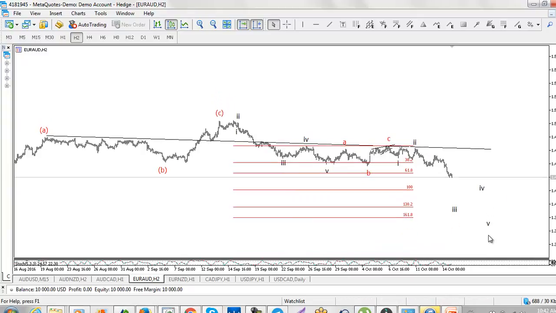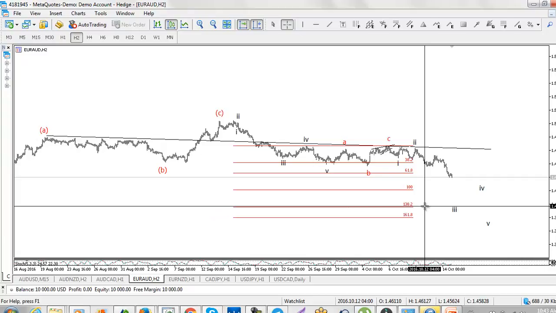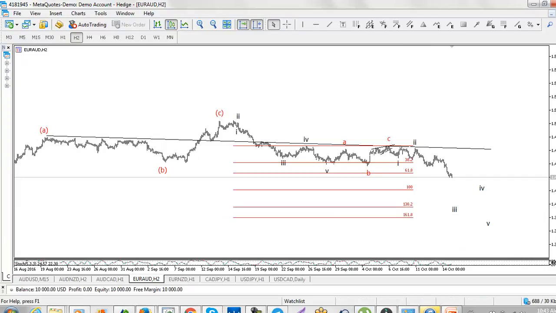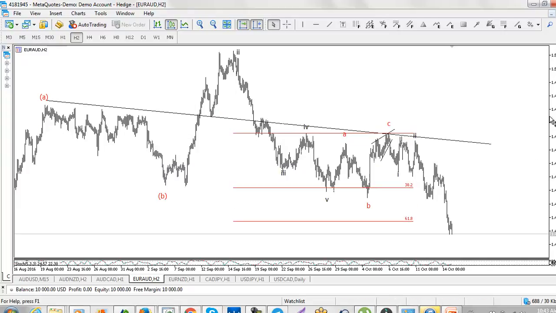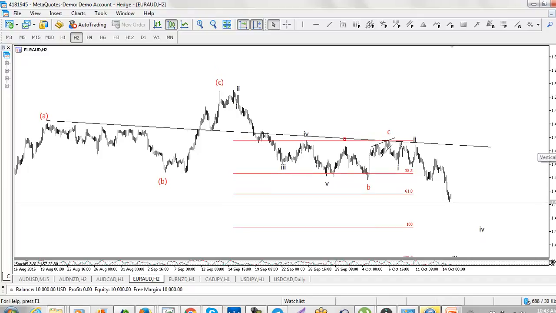The third wave may end around this price region, between 1.4 and 1.39, before we see the fourth wave and then the fifth wave. So for Euro Australian dollar, we have a very bearish bias, and when we spot any trading opportunity, I'm going to update you.